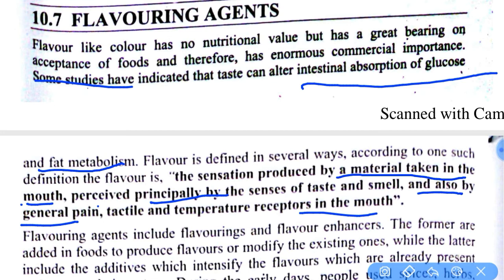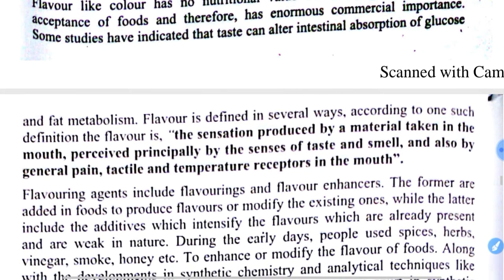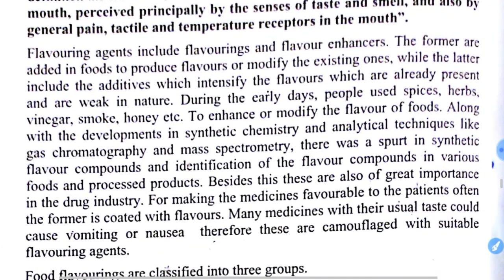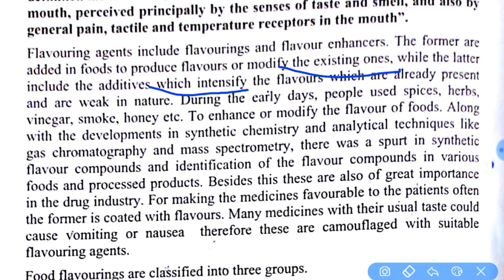These flavoring agents include flavorings and flavor enhancers. Okay, the flavoring agents are added in foods to produce some flavor or modify the existing ones, while the flavor enhancers include the additives which intensify the flavors which are already present and are weak in nature.